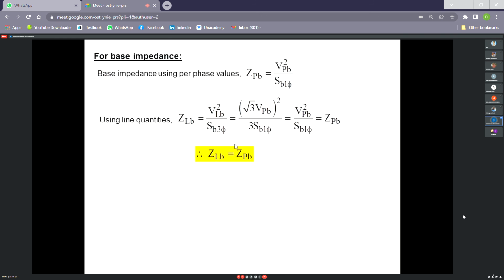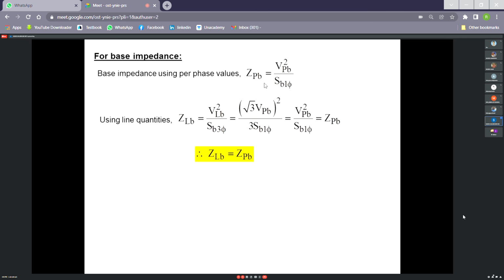So this thing we can easily apply for the impedance calculation. That does not mean we calculate line impedance, line values of base impedance in line quantities, because that is totally a mathematical thing, not possible to exist. But what I want to say is, base quantity is an imaginary thing. We are using this as a platform to get the ratio only. There is no other use of this.